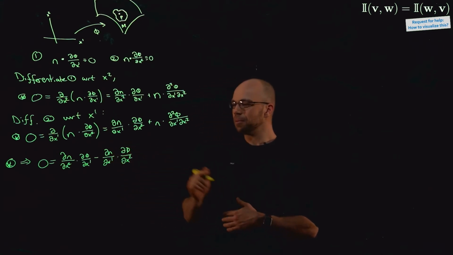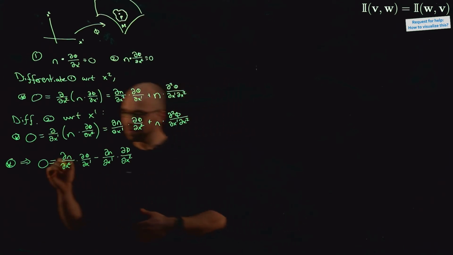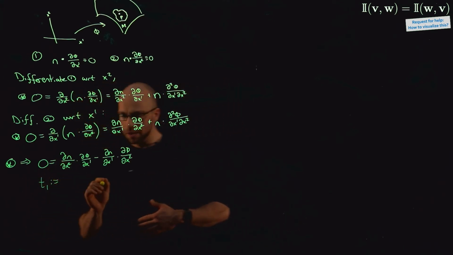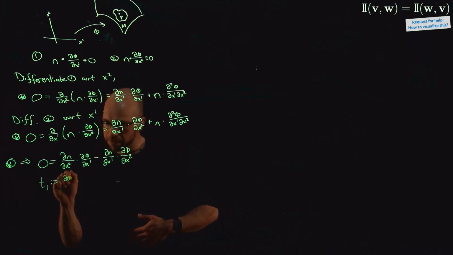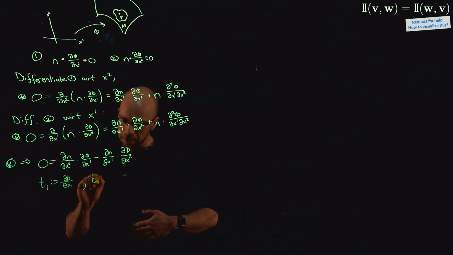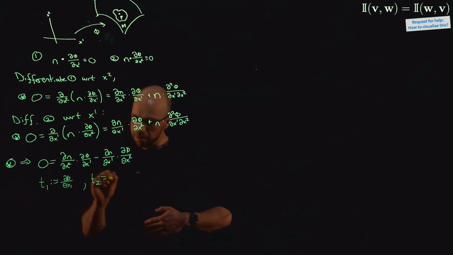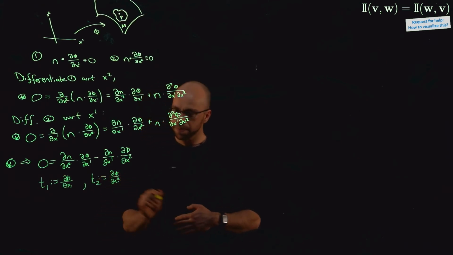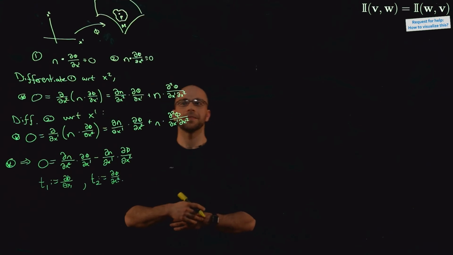So maybe we'll make tangent T1 equal to d phi dx1, and tangent T2 equal to d phi dx2, like that. All right.